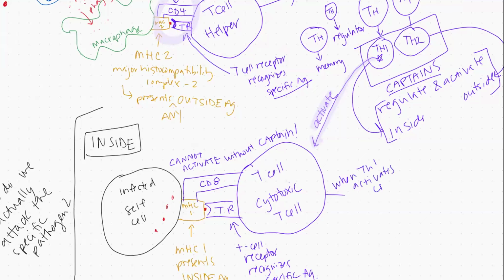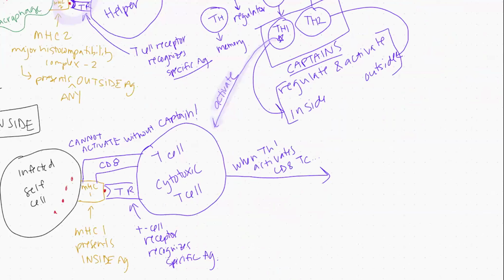once we've activated that guy, we can make our cytotoxic T cell response, which is by making perforins and granzymes. The granzymes digest the cell contents and the cell itself. And the perforins poke holes.